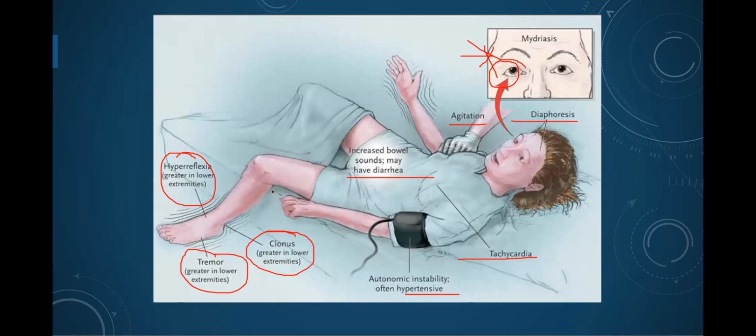There is a question: does anyone know if there is an antidote for serotonin syndrome? What is the name?